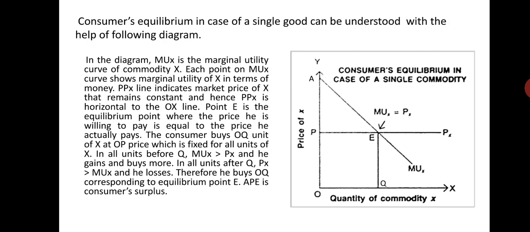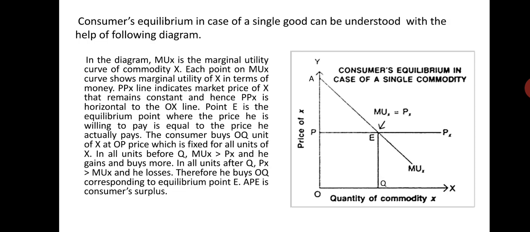But we know that before Q, MUX is greater than PX. He gets more utility than the price, so he gains and buys more. In all units after Q, PX is greater than MUX. Just the opposite happens, and he loses.